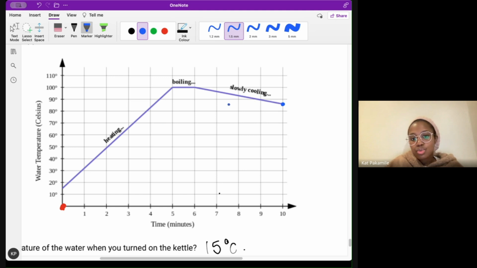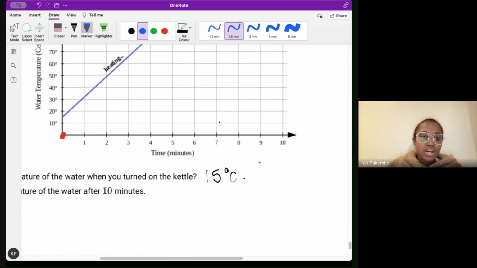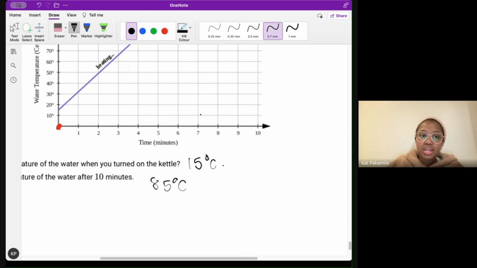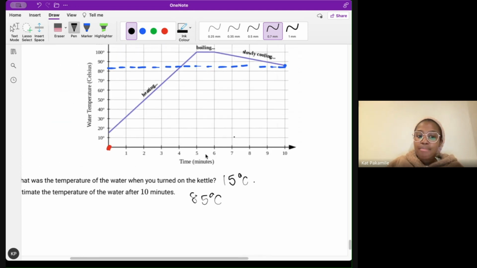So you guys must go to the side. My hand is not straight at all, so you guys are going to just have to bear with me here. Luckily, they said estimate, right? So it's about 88, 85, 86 degrees. I'm going to go smack in the middle and say 85 degrees Celsius.